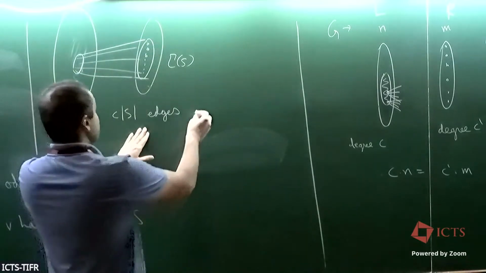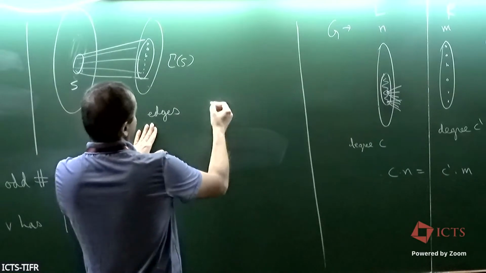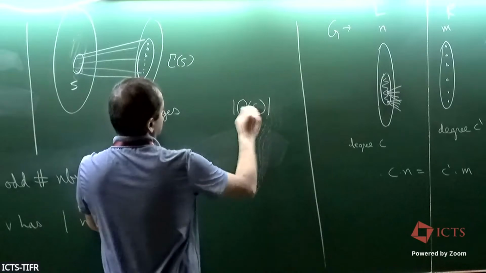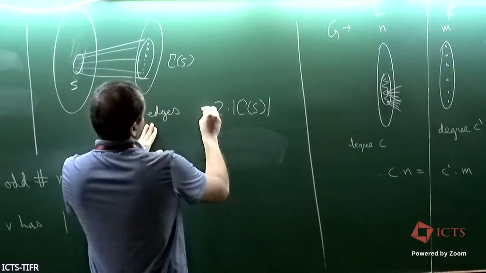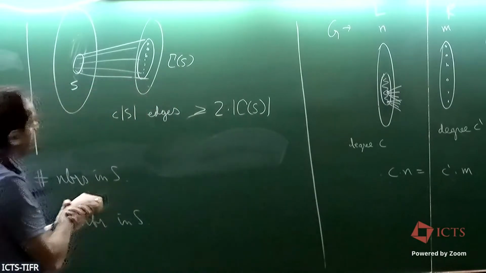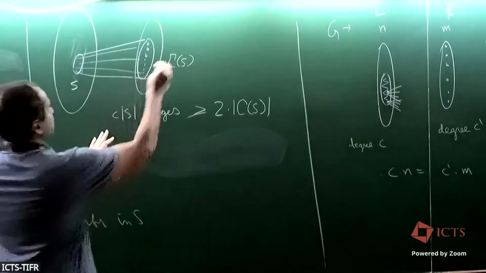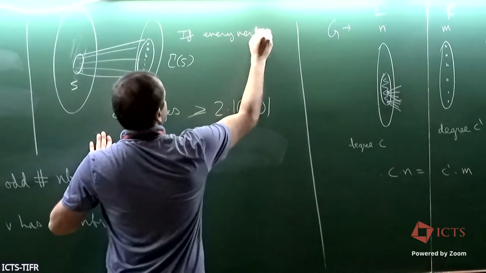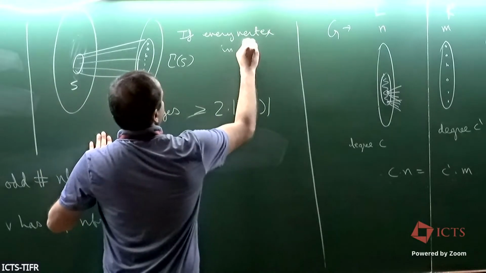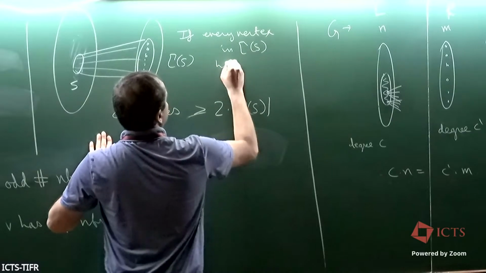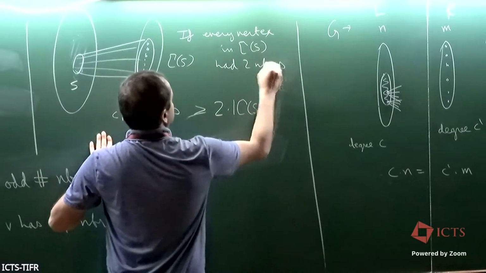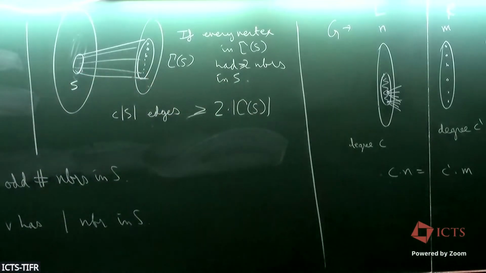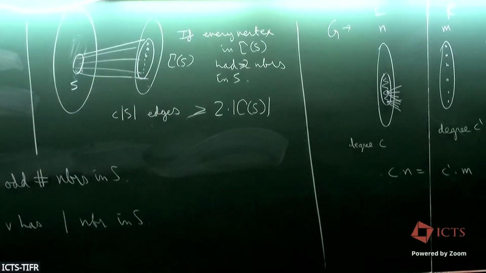So this should be accounted for by size of gamma S times 2. If every vertex in gamma S had at least two neighbors in S, that's the negation of there being a vertex with one neighbor.